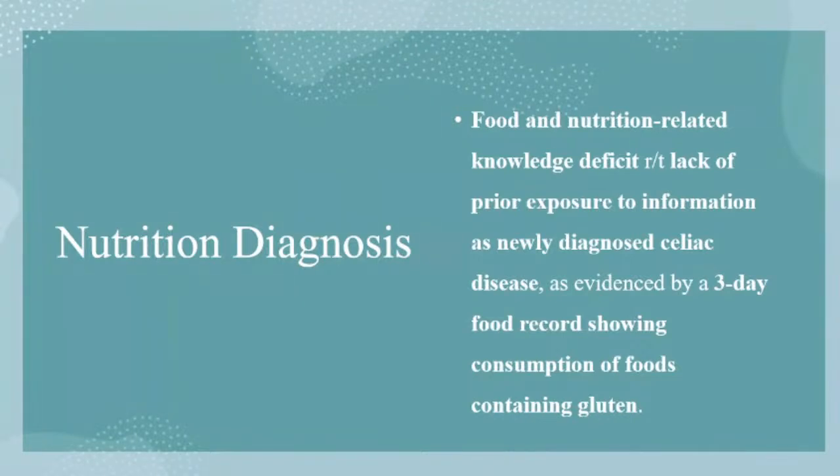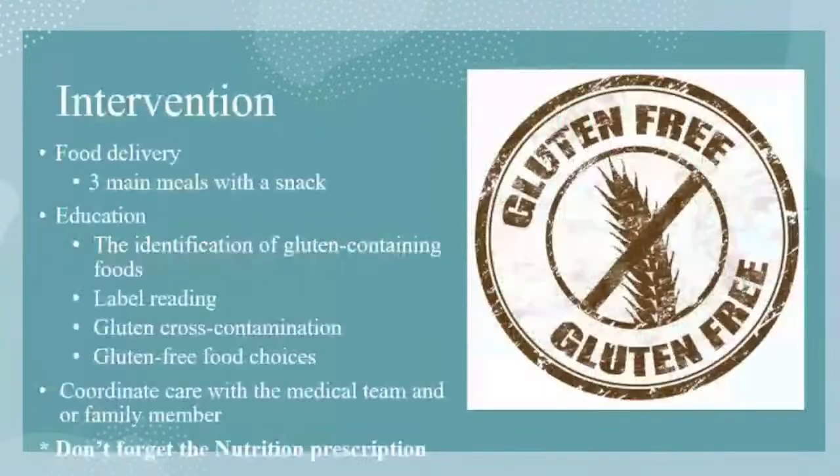The outcome is that by the time you come back, I expect that the bloating, the pain, the diarrhea would have stopped. So then this is the PES statement that I chose because it fits the nutrition problem that the patient is presenting, the root cause of it, and the measurable evidence. That's when the person comes for monitoring and evaluation, I can easily measure to see whether the person is having improvement or not.